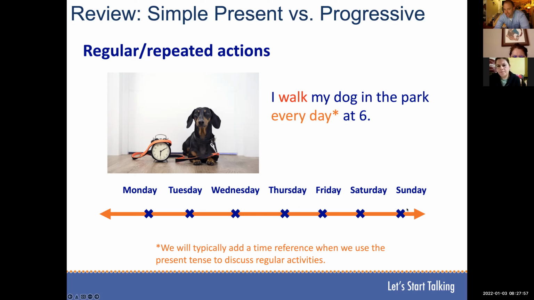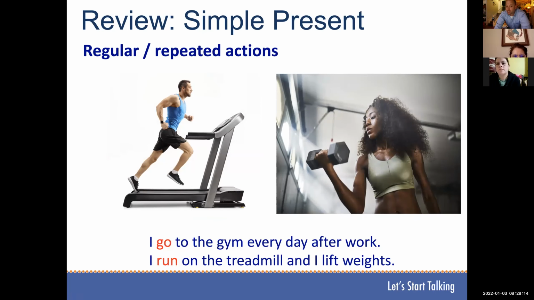Aquí tenemos la línea representando tiempo, ¿no? Y vemos que es algo que se hace Monday, Tuesday, Wednesday, Thursday. Es algo regular. No tiene que ser en el momento, simplemente algo regular. I go to the gym every day after work. I run on the treadmill and I lift weights. Okay? Esto es el presente simple.